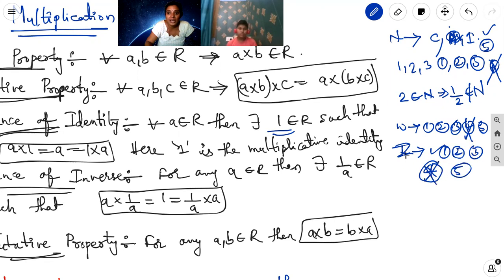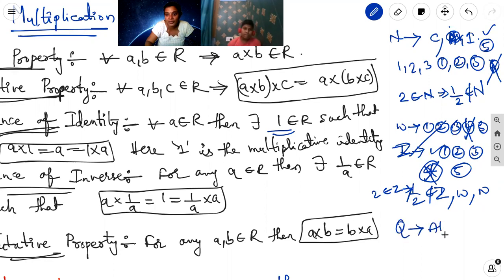Why? Because Z also doesn't have 1 by 2. If we choose 2 as an element of Z, then 1 by 2 does not belong to the integer set, nor to the whole number set, nor to the natural number set. But the rational number set Q satisfies all properties.